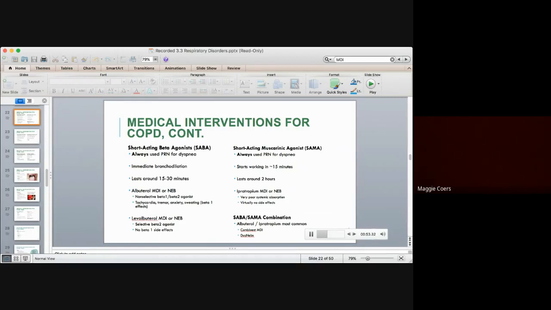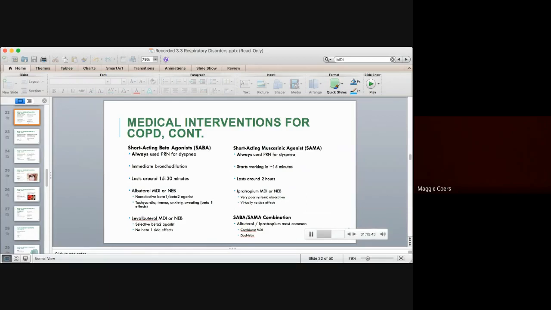So basically, they're hit immediately, and then they have sustained bronchodilation with the combo SABA-SAMA nebulizer. Sometimes people take frequent bursts of inhalers for rapid relief, but they can be given separately or together.